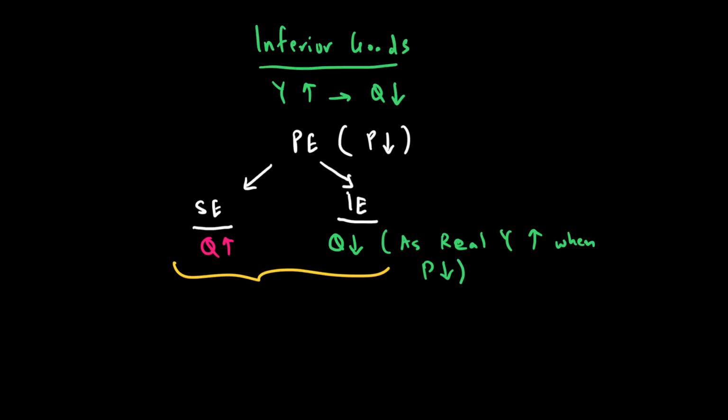And as a result, what we also say is that although income effect says buy less, because the good is inferior, our substitution effect will always be greater than income effect.